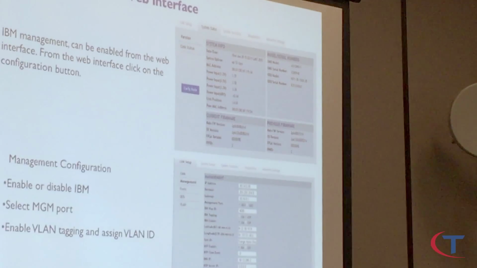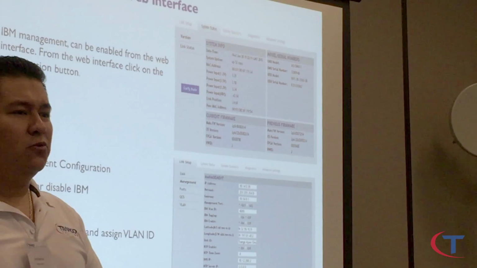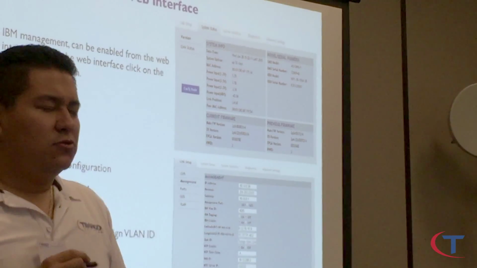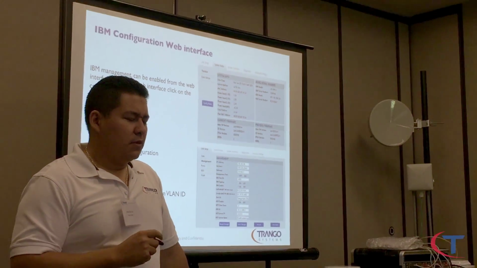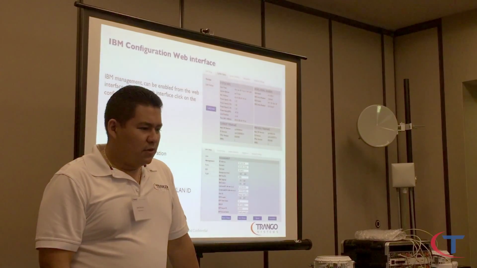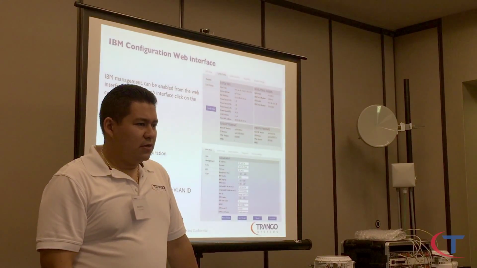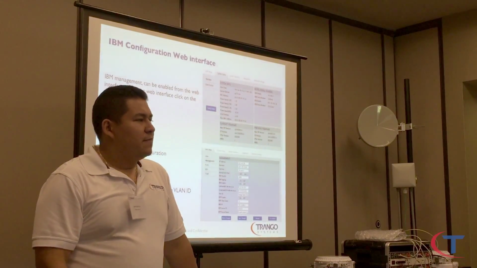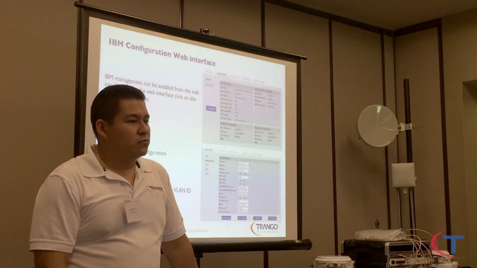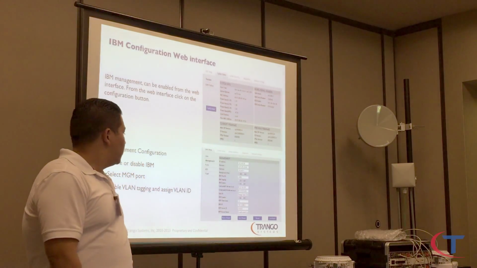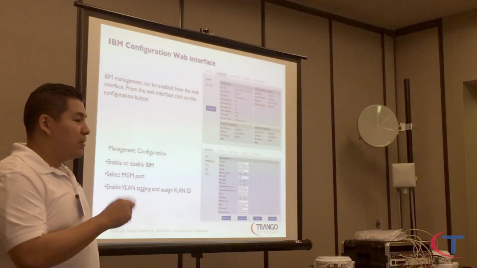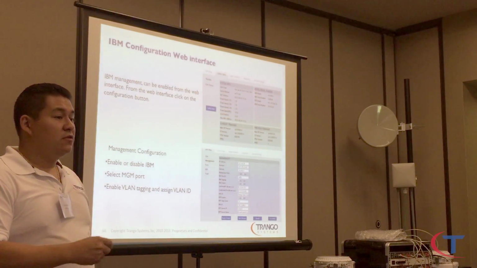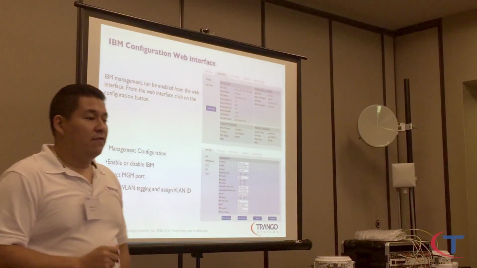For the Microsoft guys, there has to be special software. I think there's Intel software that allows you to do it. I think there's a little plugin that you download, and it will let you VLAN tag your Ethernet port as well. So again, before you enable IBM tagging, you need to set your VLAN ID and then enable your VLAN tagging.